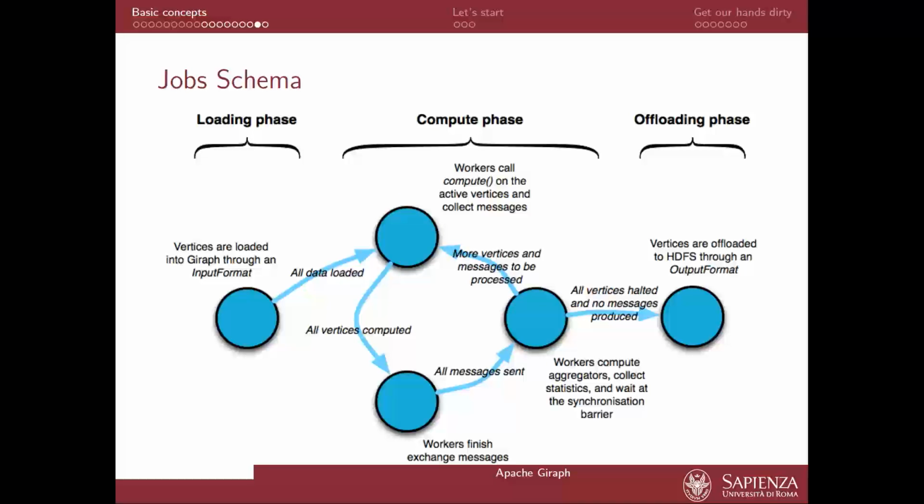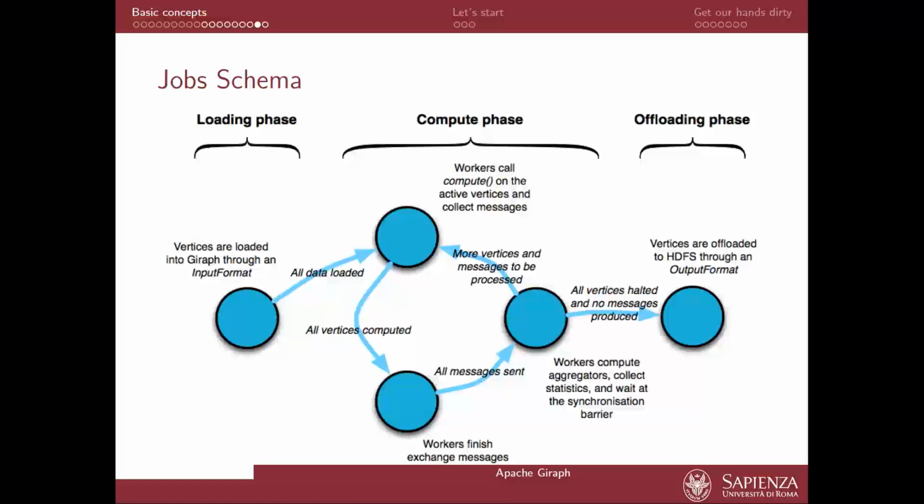That each worker calls the compute function, and for each node of the set that the worker has, it computes a partial solution. When it has computed the solution for all the nodes, it sends all messages, and then waits at the synchronizing barrier. When all workers have stopped sending messages in this phase, another phase can start.